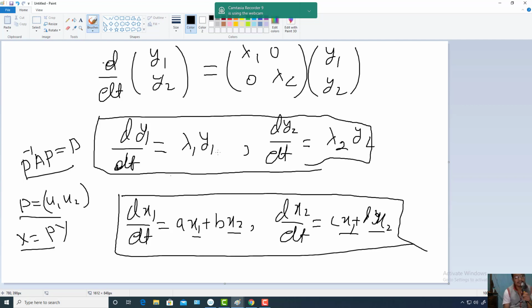What is the solution? Some constant times e to the power lambda 1 t, an exponential function, and this one also. So it is very simple to solve this equation.